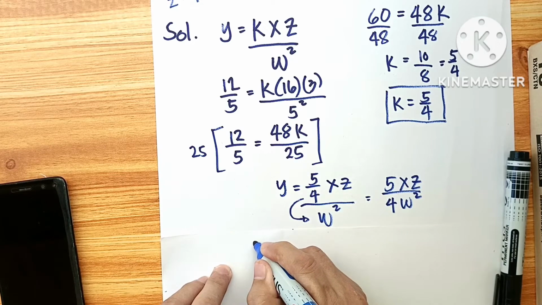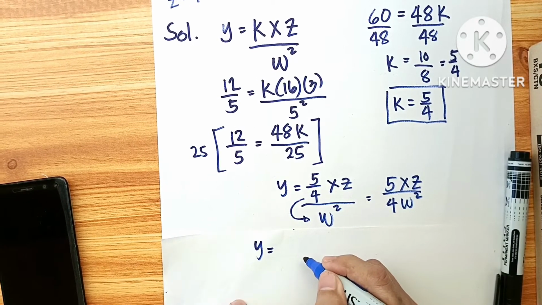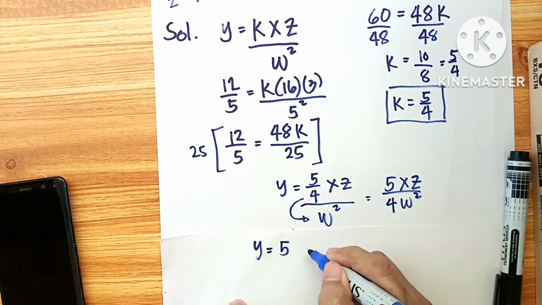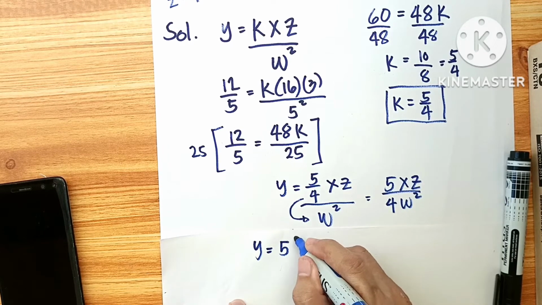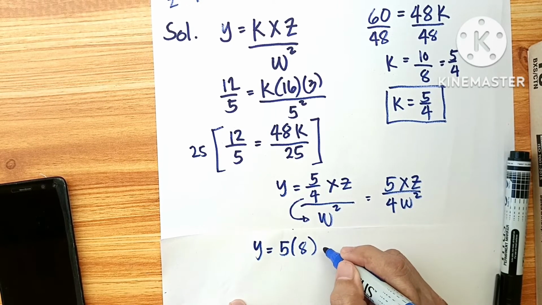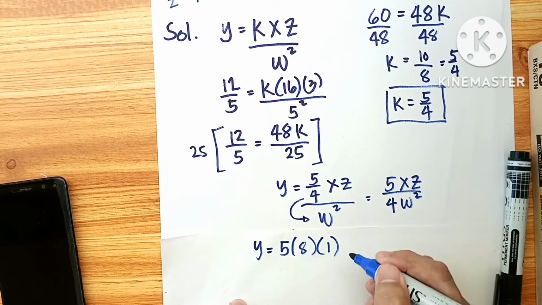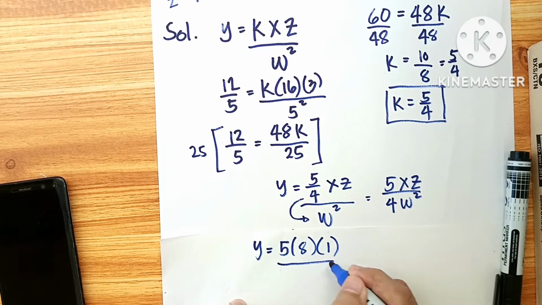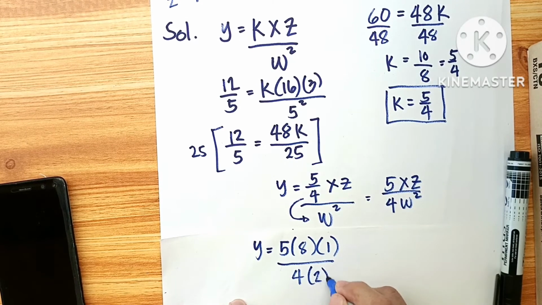Okay, so, y is equal to 5, x is 8, z is 1, and w is 2. Okay, so 4 times 2 squared.